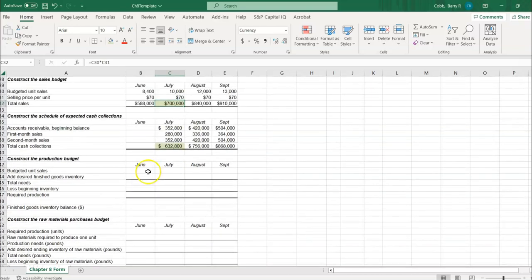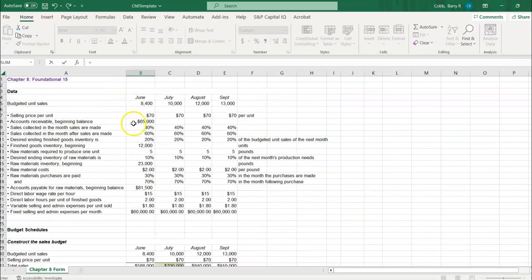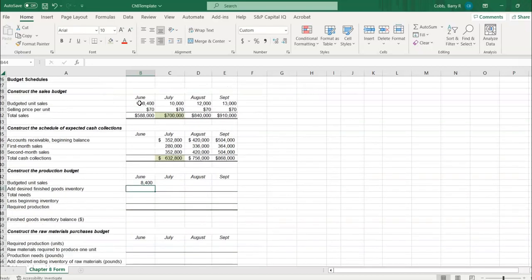All right, so now we're going to construct the production budget. For the production budget, we're going to start with the budgeted unit sales. It is 8,400 for June, and we'll copy that all the way across.